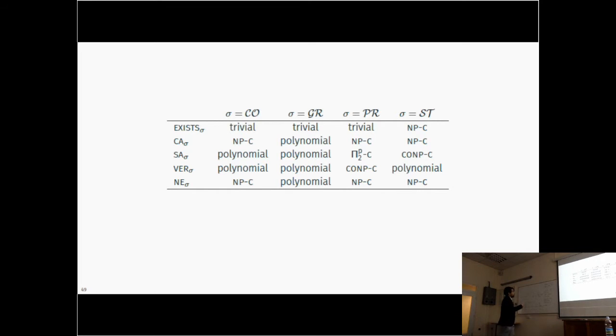That is polynomial for complete, but is at the second level of the polynomial hierarchy for preferred. And verification: given a set of arguments, verify whether it is an extension. The last one is non-emptiness: whether there is at least one semantics extension that is not empty, so at least one argument is accepted.